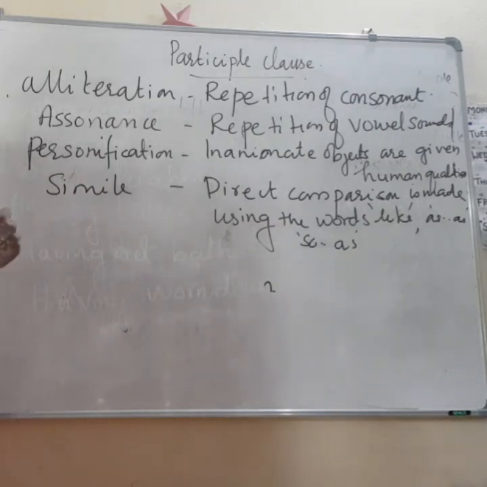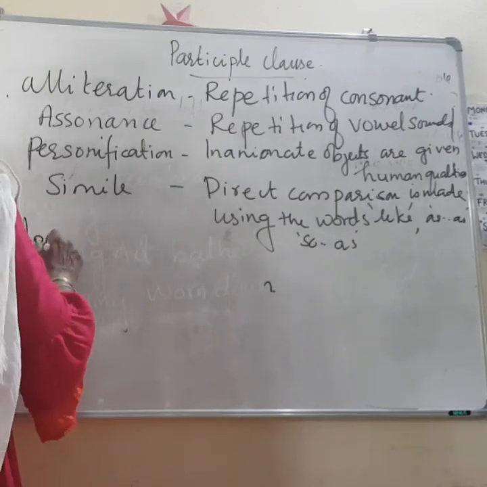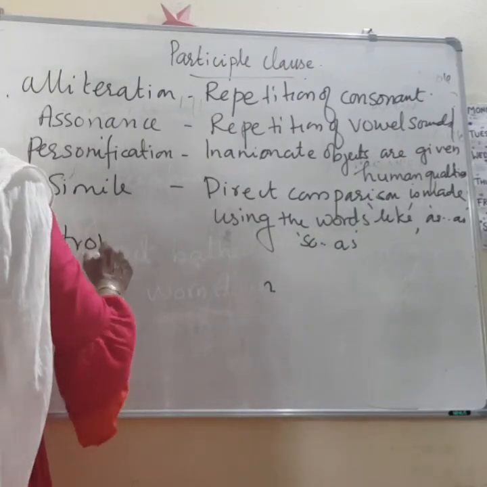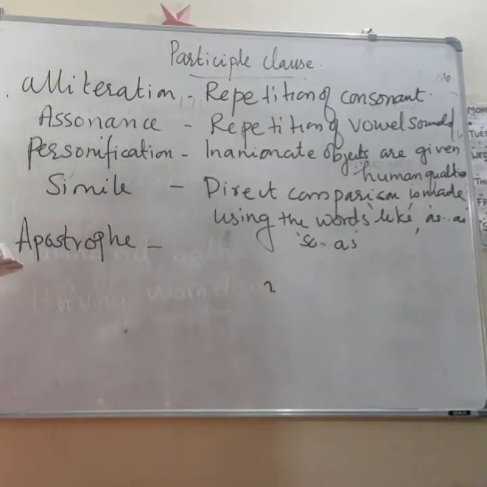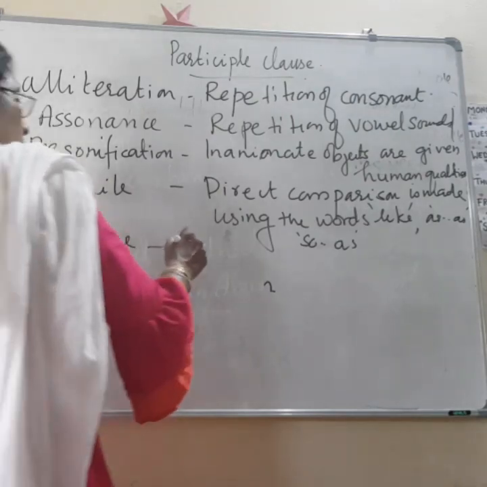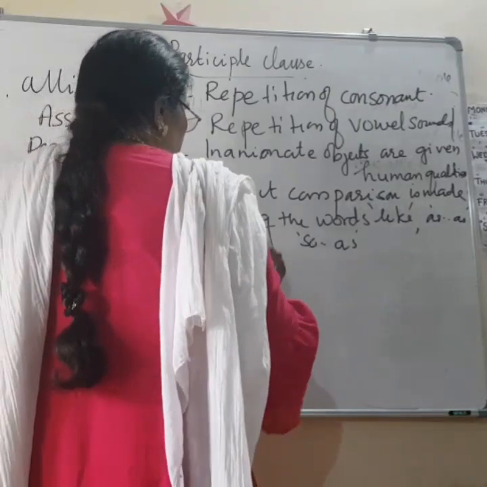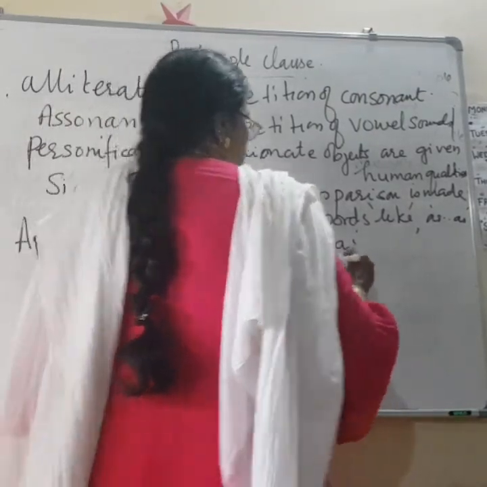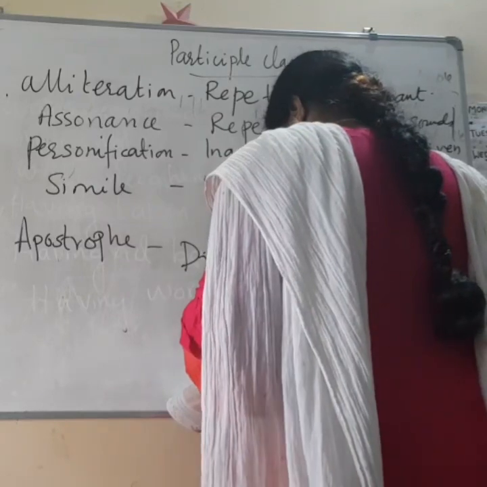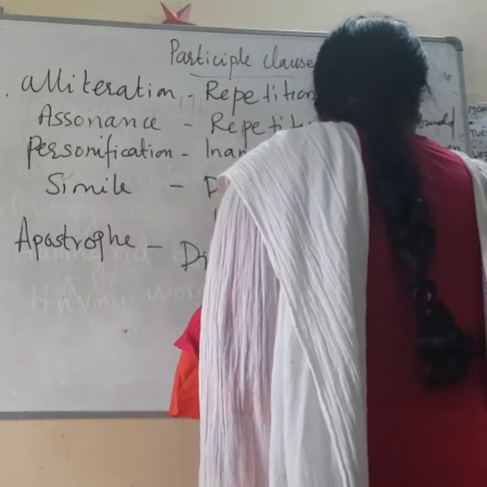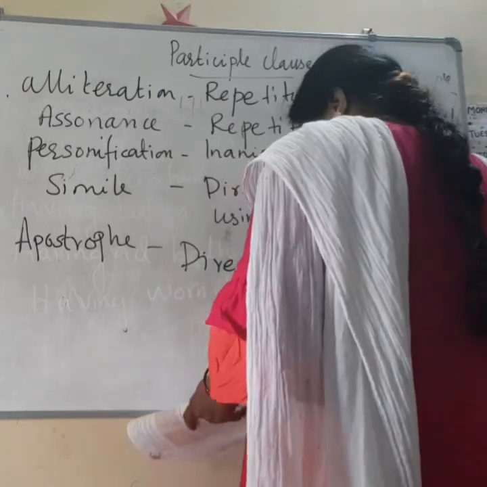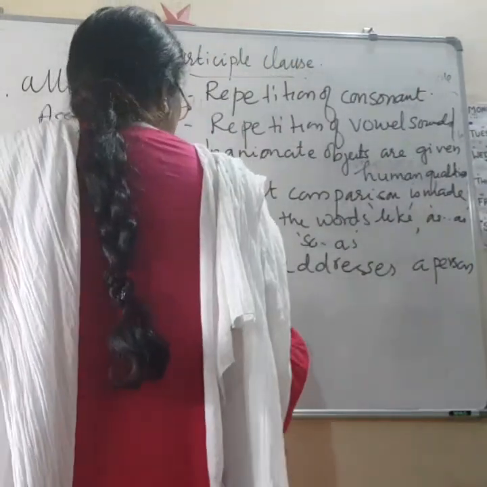Then it is apostrophe. What is apostrophe? That is a new one. If a person is not present there, but in the poem a direct address is made to a person, directly addresses a person who is absent.